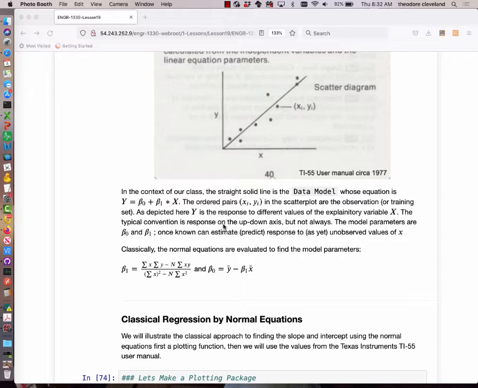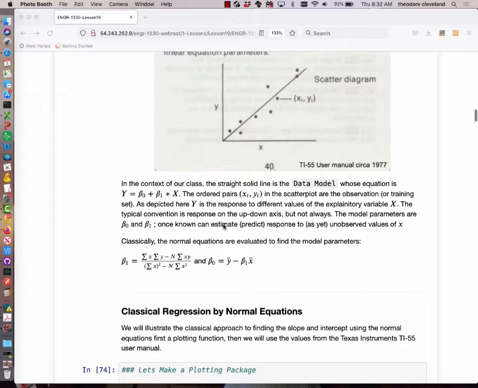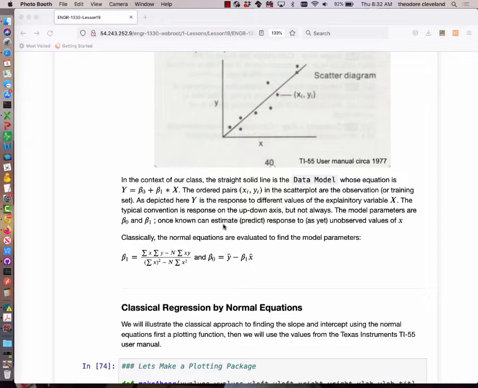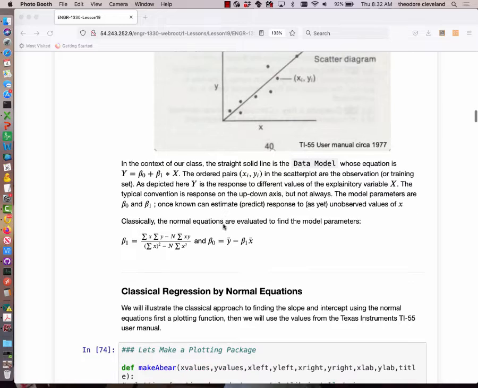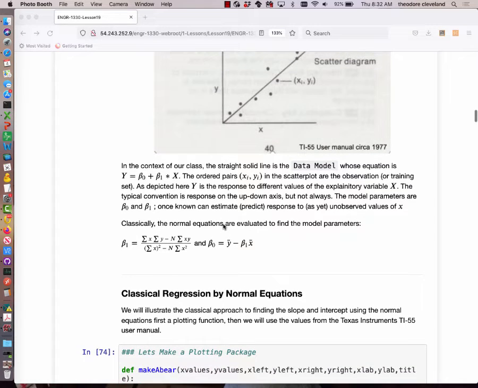The typical convention is that response is on the up-down scale, and the explanatory variable is on the left-right scale. That's not always the case, but that's pretty common. And if you're a person that needs to have rules of thumb to get through life, that's a good one.